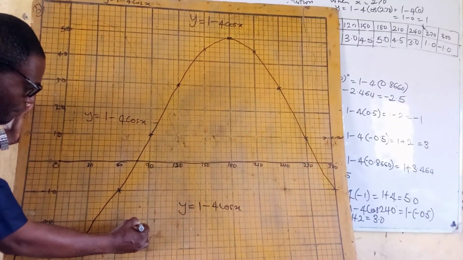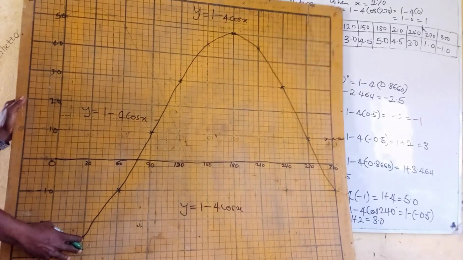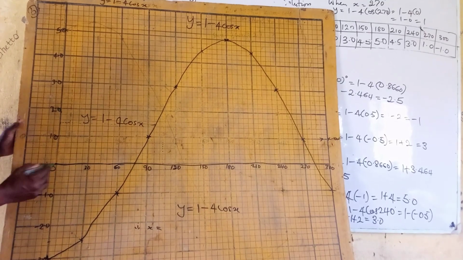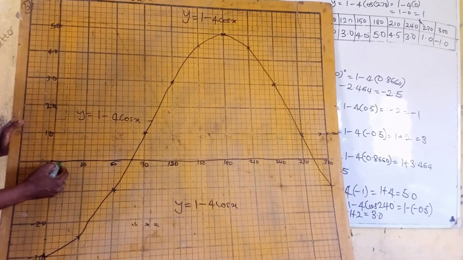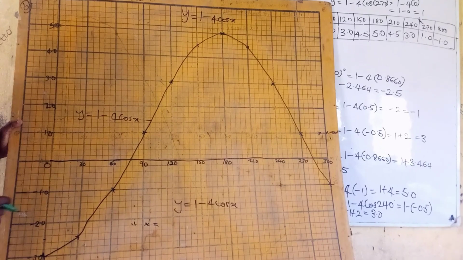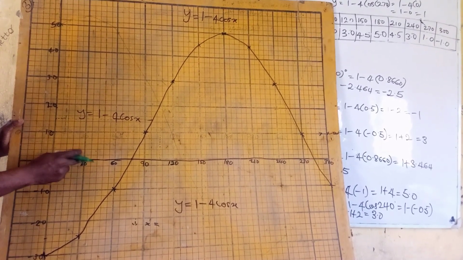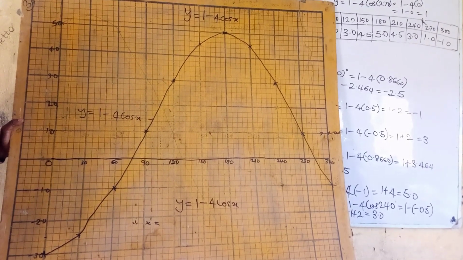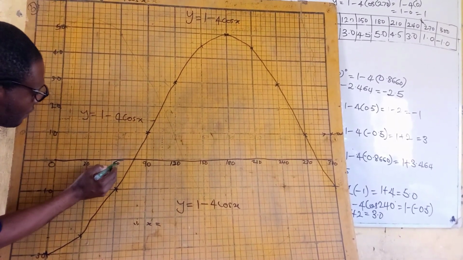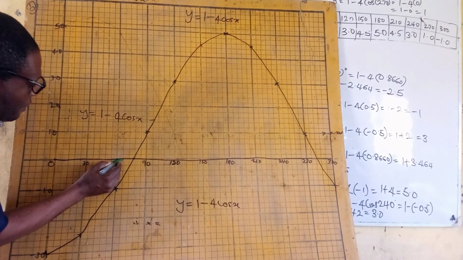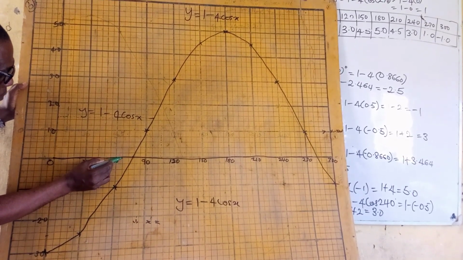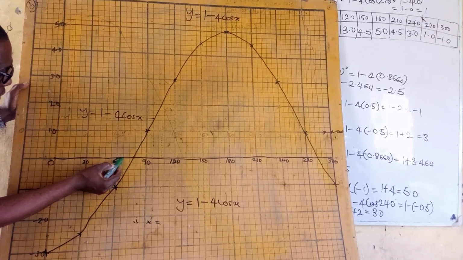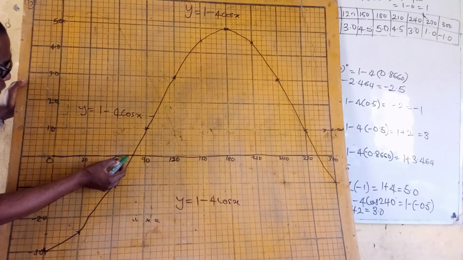S there is equal to, now from here to here is 30. So each of these boxes, divided by 5, because there are 5 boxes there, that is 6. So every point here is 6, 6. Therefore, this is 60. Here is going to be 66, 72.